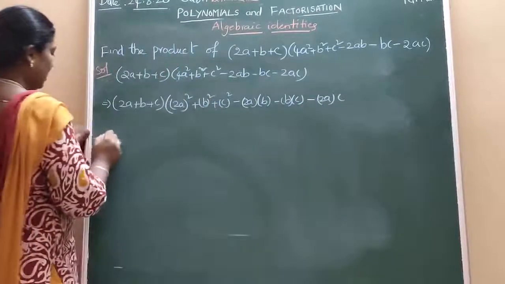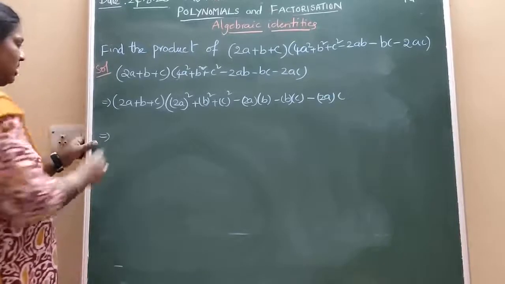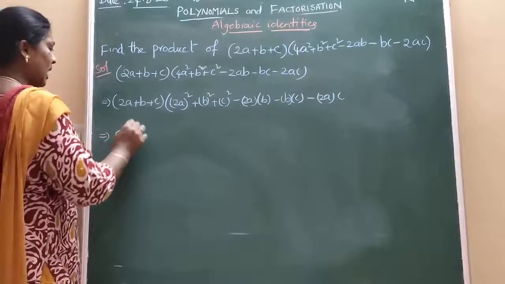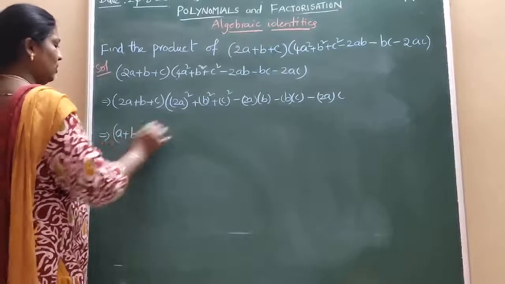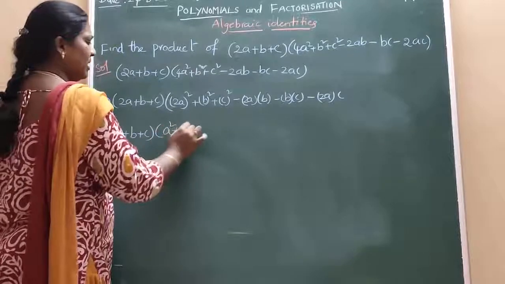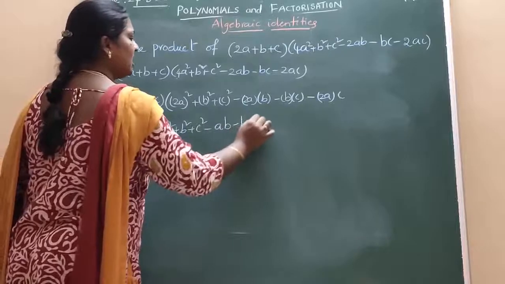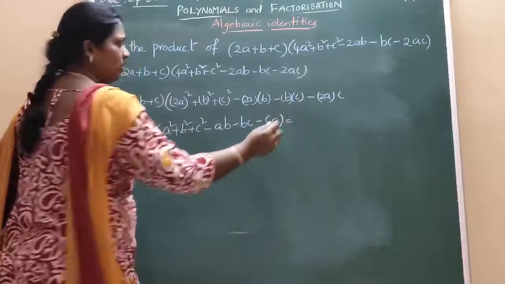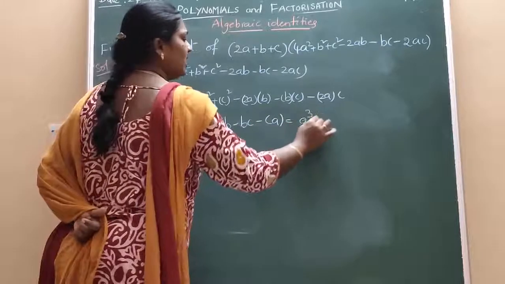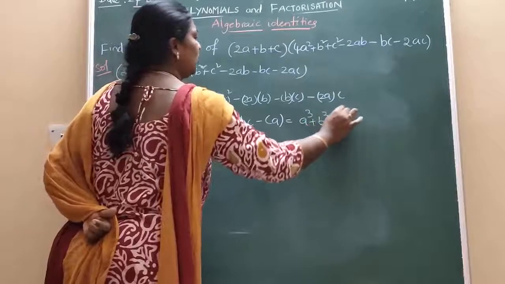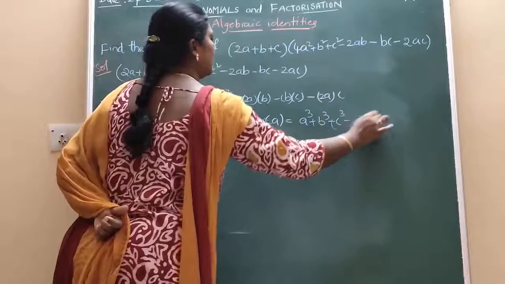Okay. When compared to the eighth identity, what is the eighth identity? (a + b + c)(a² + b² + c² − ab − bc − ca) equals a³ + b³ + c³ − 3abc.